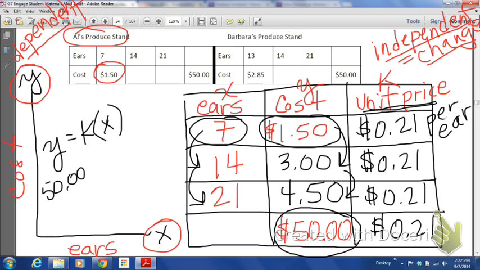Okay. So what we do then is we have our unit price, we have our k. In this case we have 0.21 times x, and that equals that. So 50 equals 0.21 or 21 cents multiplied by x. Now as we know, what you do to one side, you do to the other.